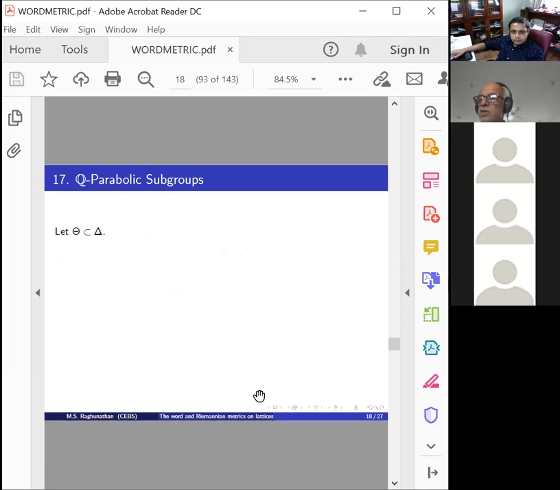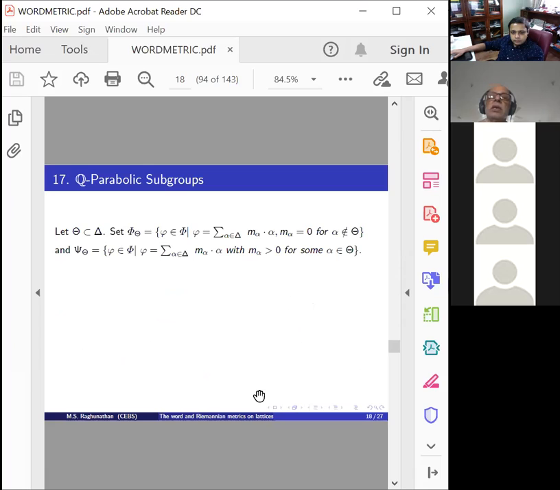Now, one has the notion of what are called Q parabolic groups. And once again, I'll say parabolic without saying Q parabolic. So fix a subset theta of delta, and denote by phi subscript theta the set of all phi in capital phi which are linear combinations only of the elements in theta.